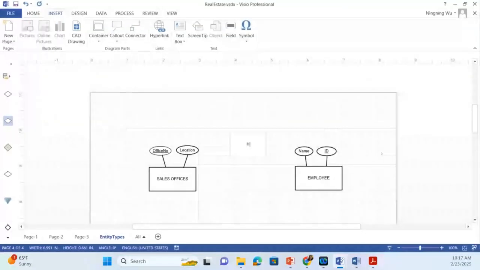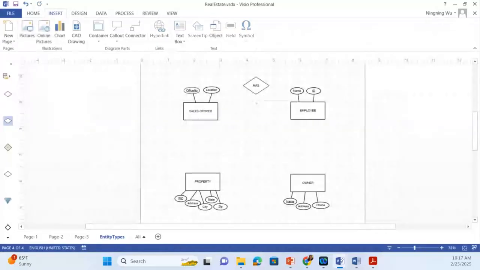So for the relationship tab, you can give any name you want, but by tradition, you use a verb to represent a relationship tab name. You use a noun to represent the entity tab name. Also another tradition is that we use all uppercase words to represent the entity tab name and relationship tab name.